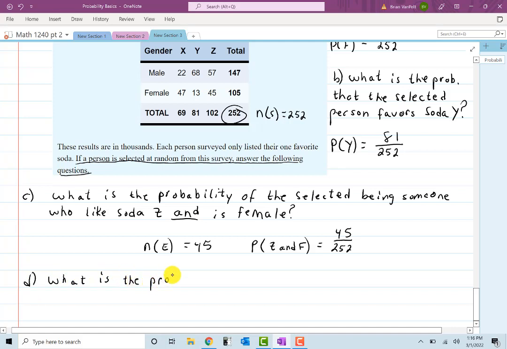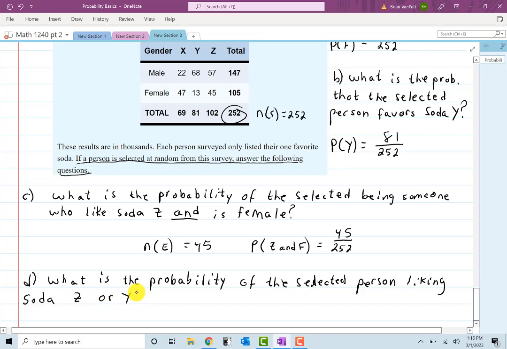Finally, what is the probability of the selected person liking soda Z or Y? Here they can like either one of those, Z or Y. So what you do here is you add up these two quantities.